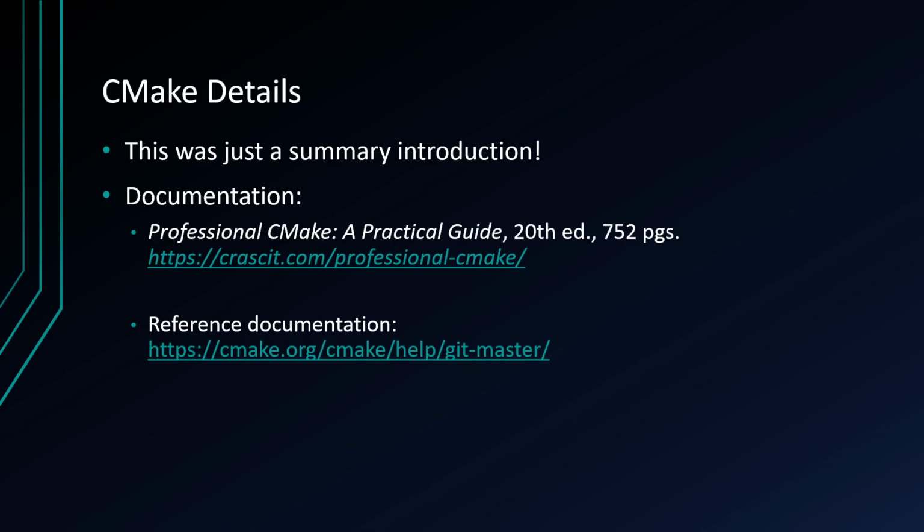CMake.org has excellent online documentation. It's a reference. It's not a user guide. The professional CMake book, I think, is more use case oriented. It is more of a user guide, and it's not a reference. He's relying on you to use the online documentation for reference. So he's explaining, here's the thing you're trying to do.